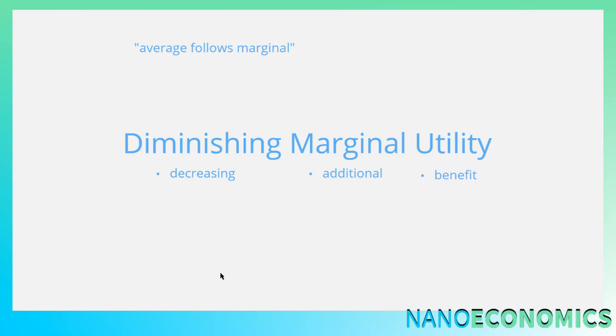And then the third term that you see there, utility, can be seen as benefit. In a lot of contexts, it is really gathering the satisfaction or the happiness that you might get from that purchase. But it's going to be true as well in the case of going to a dentist or something that maybe you don't enjoy, but you know that you're getting a benefit out of that activity.